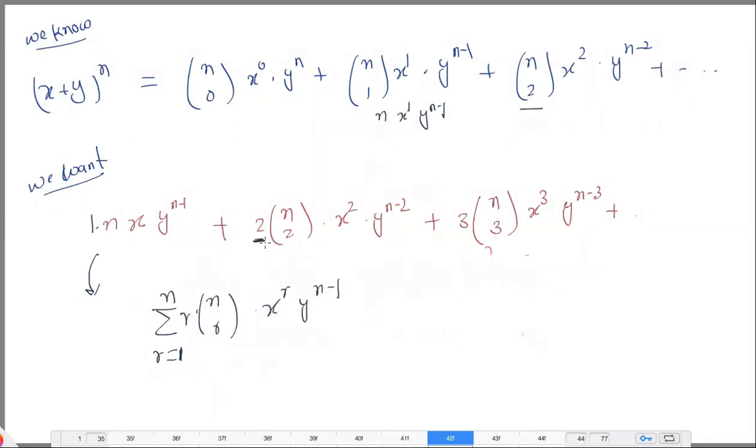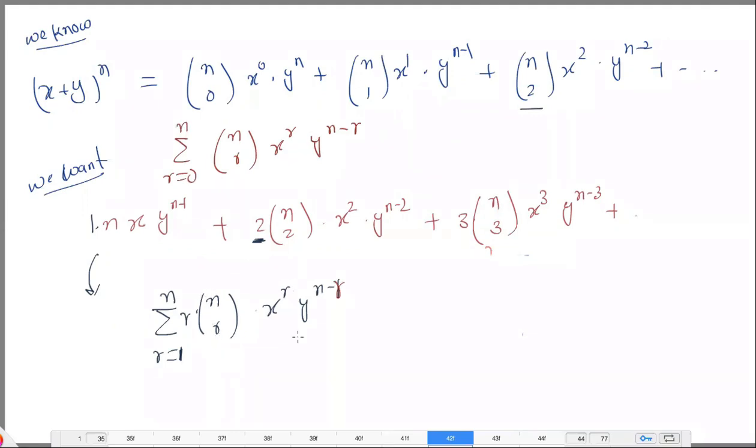So r is also there. Okay, this is the compact form that we have here. And here we have a compact form which is nCr x power r, y power n minus r, summation over r equal to 0 to n, and here I have r equal to 1 to n.